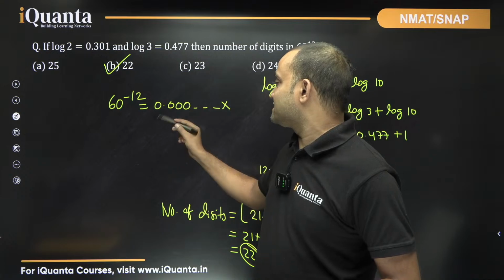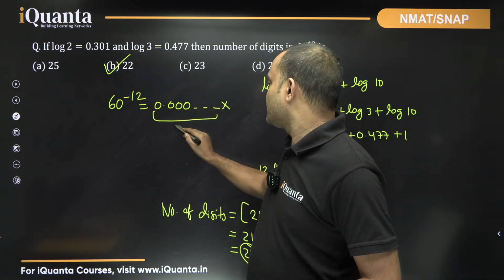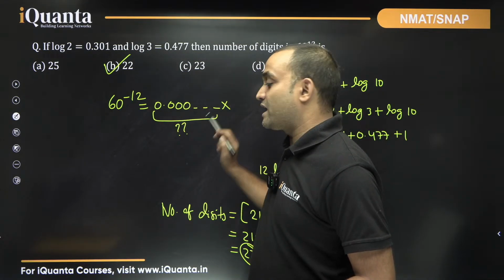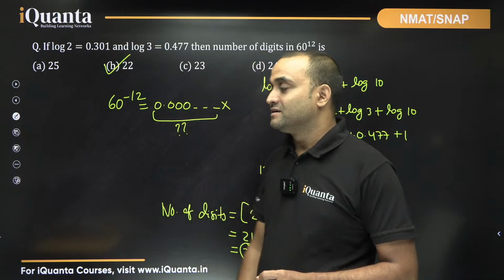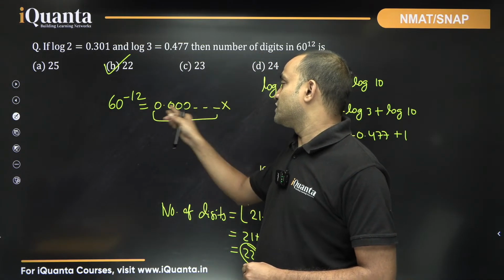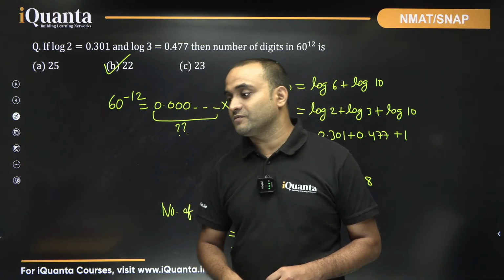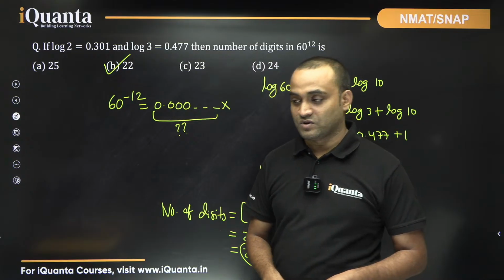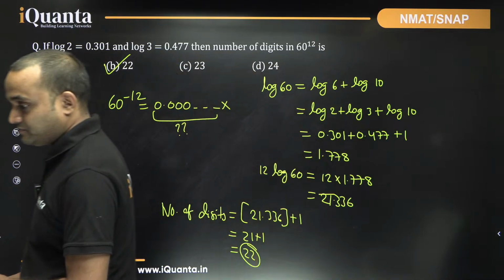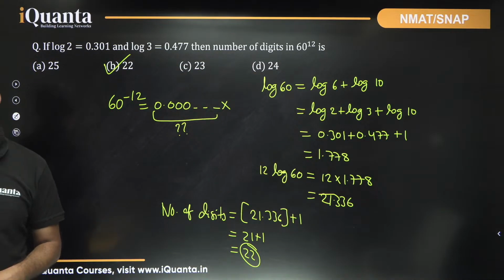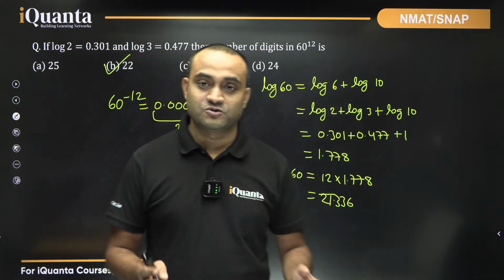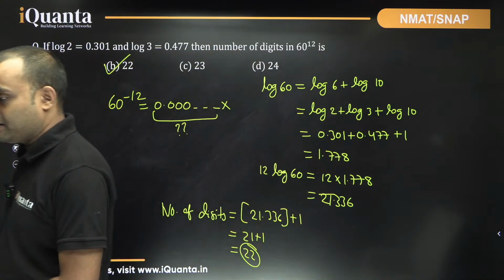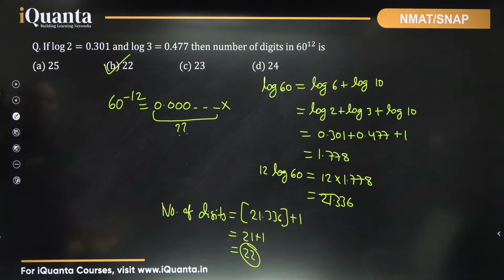What will be the answer? 21 zeros. Yes, that is absolutely correct. Okay, let's go to the next question.